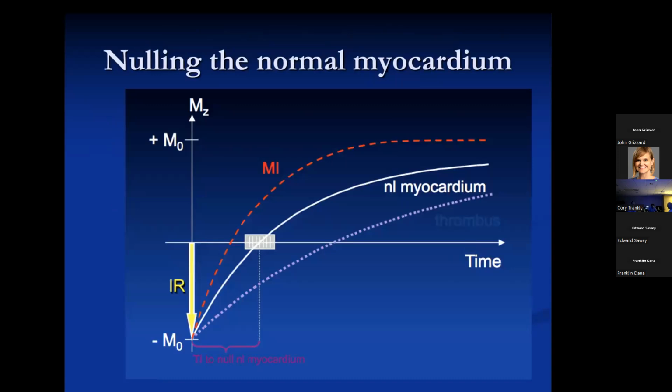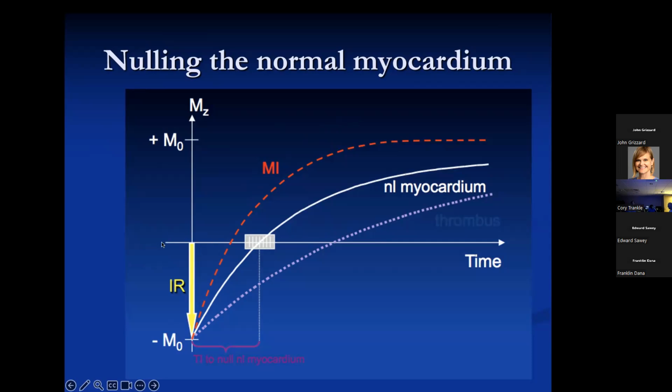I don't want to get too much into physics, but basically, as I said before, when we were talking about the HASTE imaging, you hit things with an inversion pulse, and then you let go of it, basically. And the things that have short T1s pop up most quickly. So contrast-enhanced MI will pop up very rapidly. Normal myocardium, a little less rapidly. Thrombus, much less rapidly, right?